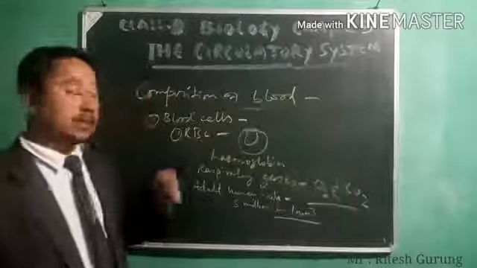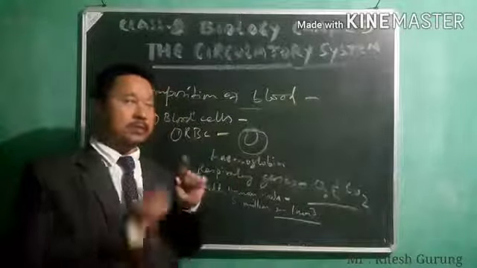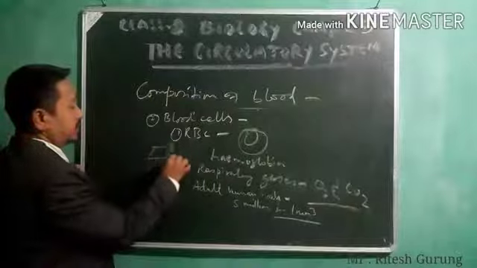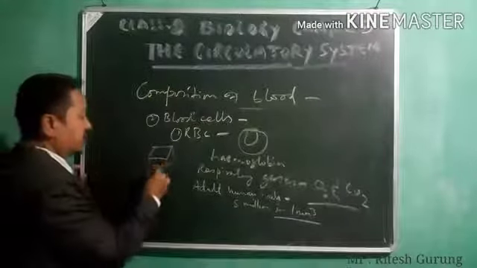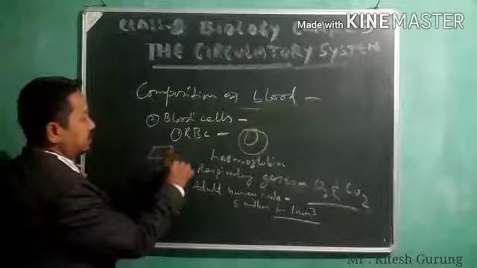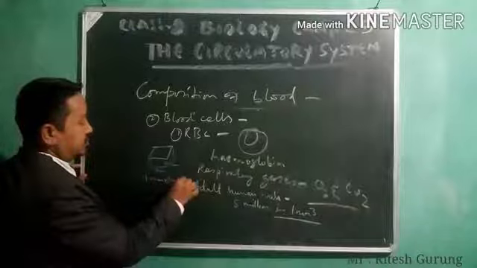That means in 1 cubic millimeter of the volume of blood, suppose there is a container whose volume is 1 millimeter length, 1 millimeter height, 1 millimeter breadth. Volume will be 1 millimeter into 1 millimeter into 1 millimeter.